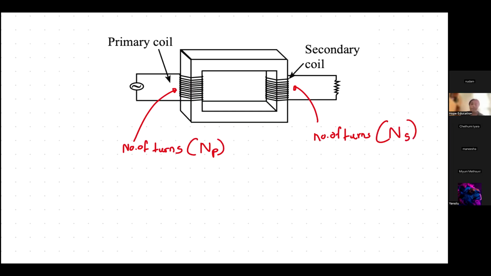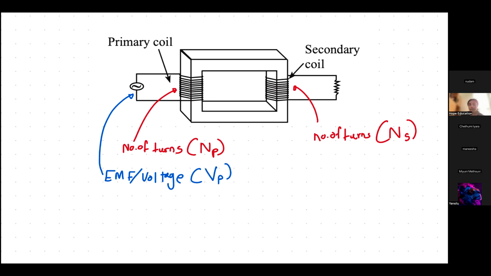Then the voltage of the primary coil. Voltage is the same as the electromotive force. We call the electromotive force or voltage of the primary coil VP, where P means primary coil.